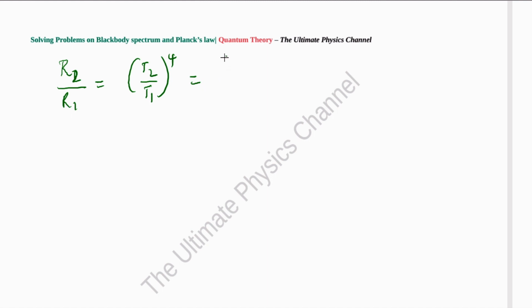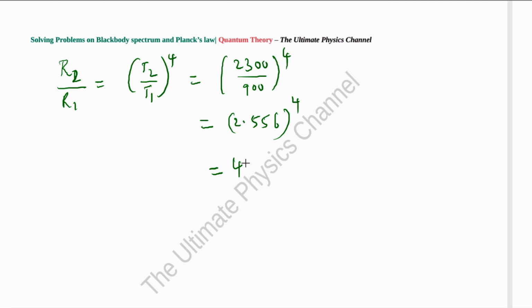So it's easy to work this out directly by taking the two temperatures here. And that is 23 over 9 effectively power 4. 23 over 9 is 2.556, and this turns out to be 42.65. So this ratio, the power change ratio, is simply nearly 43 times.